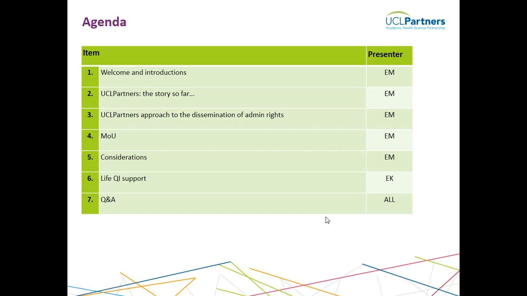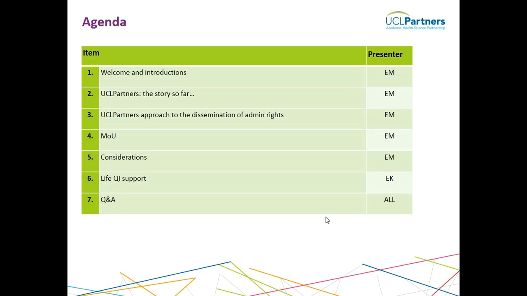Sorry. Okay, so I thought I'd just share initially a little bit about our story so far, who we've given the admin rights to and who we're in the process of doing that with. I'll then share a little bit about our approach. So I guess this fits into what criteria we look for when we give out admin rights and what our general approach to this is.